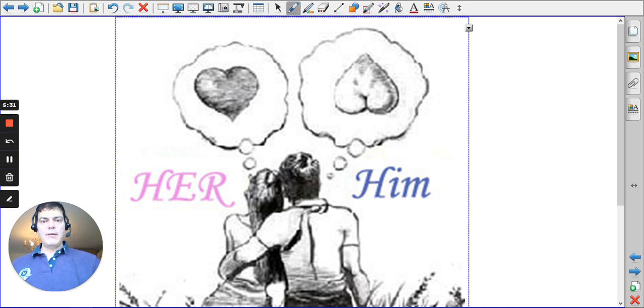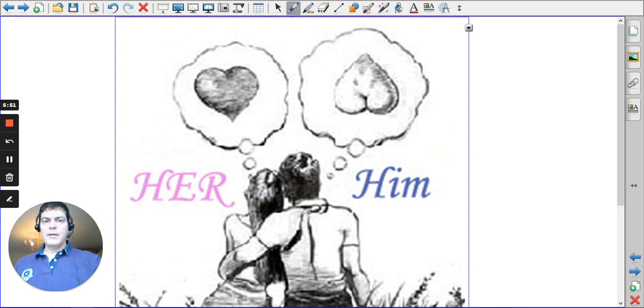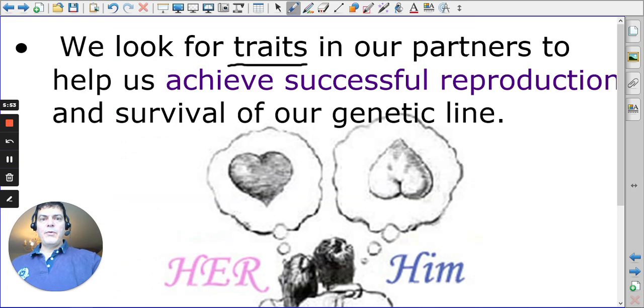For him, he's looking for the looks. For her, she's looking for love. So she's looking for a trait that he demonstrates to show that he loves her, and he's looking for the right type of attractiveness. That becomes part of the preference that that particular partner will have.